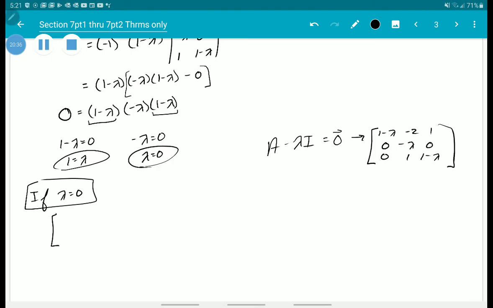Plugging 0 in, we have [1 minus 0, -2, 1; 0, 0, 0; 0, 1, 1 minus 0 is 1]. And remember, we're taking that and setting it equal to the 0 vector.